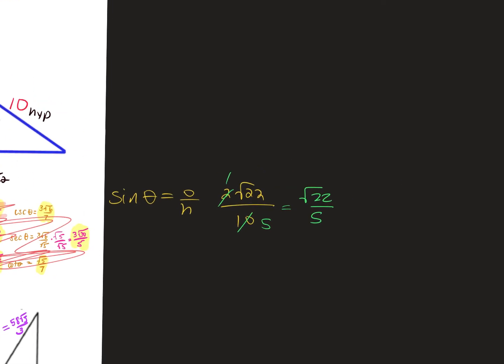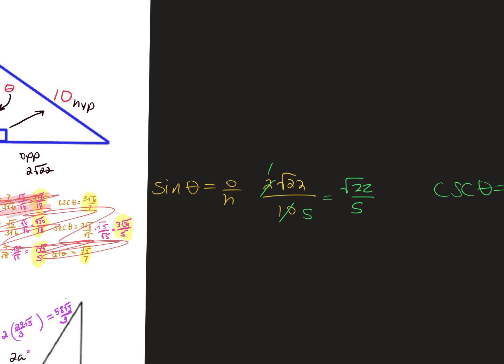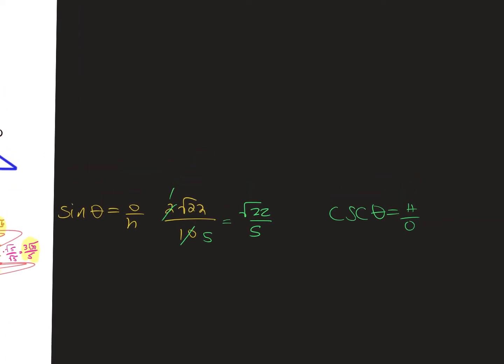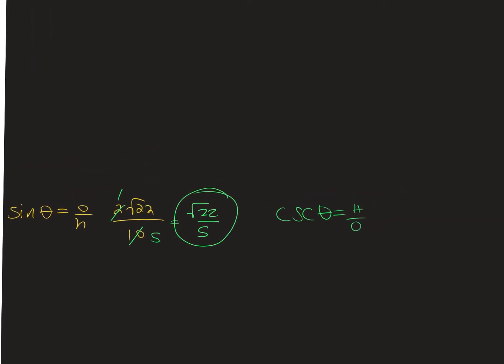Now, when you guys go to do the reciprocal function, your cosecant, this is hypotenuse over opposite. You can start with 10 over 2 root 22, right? Just go back to the absolute original and start from there. Or can't we just take this answer right here and flip it and rationalize? So this would be 5 square root of 22.